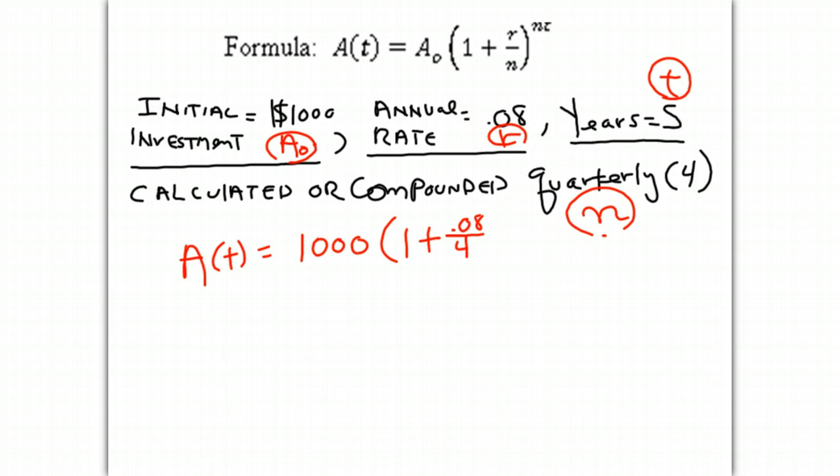We're compounding this 4 times a year, so our rate at each quarter will be 8% divided by 4, which turns out to be 2%. 2% after 3 months, 2% 3 more months later, 2% again, and then finally at the end of the year, 2% again. And how many times is this going to be compounded? Well, it's 5 years, but since it's 4 times a year, you have to multiply 4 times 5, because after 5 years, it'll actually be compounded 20 times.